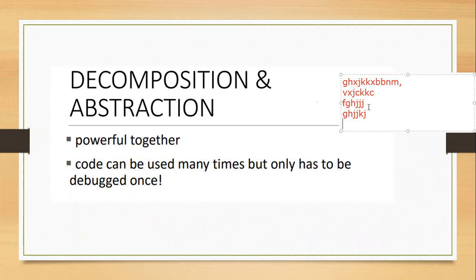But if I pull it all together and give it one name and explain how it works, then I'll just debug once, because I'll know that I need to go to this function and change the way it works because it is not giving me what I want. And once I change it, it will apply to all parts of the program where it was invoked.